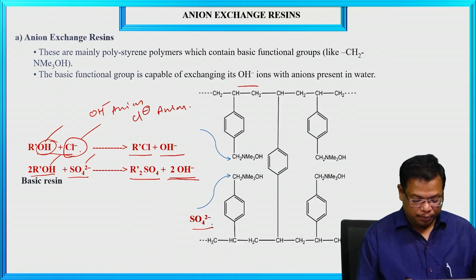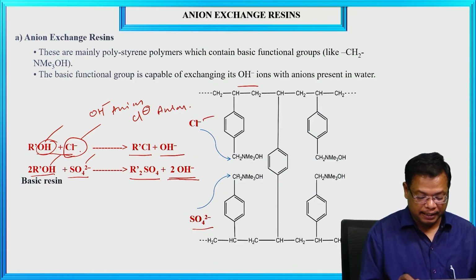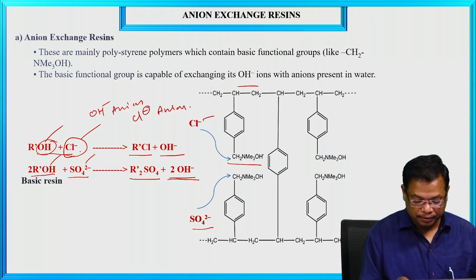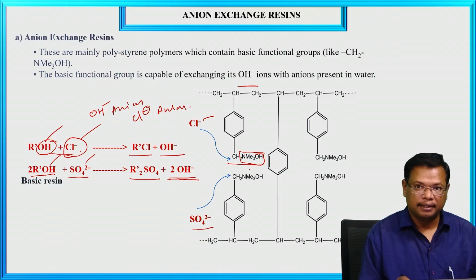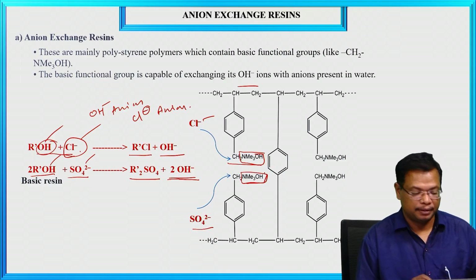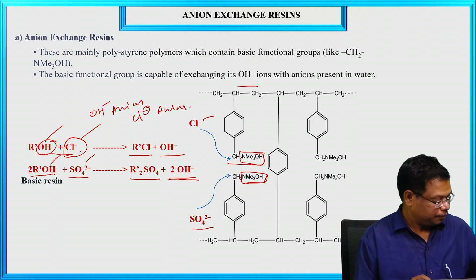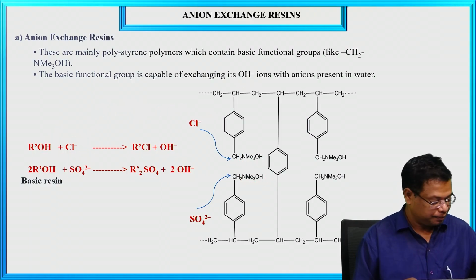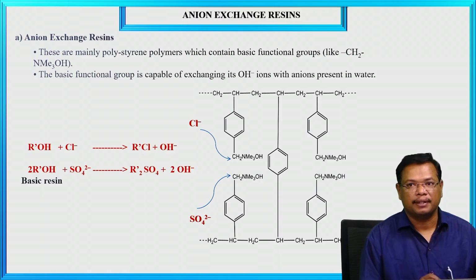This SO4 2 minus and this Cl minus come towards this basic ammonia part. Likewise, we can soften the water.